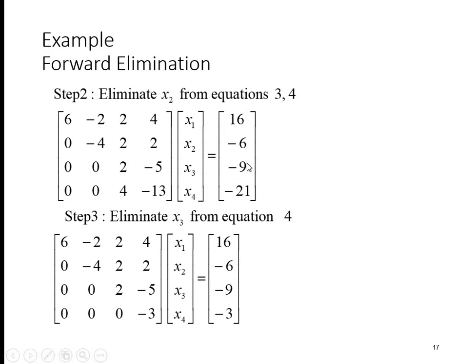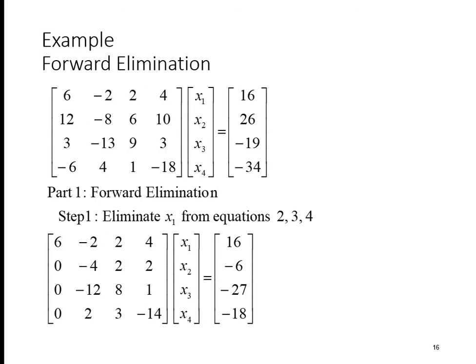Let me repeat how we got those values. We got those values by multiplying row 2 by minus 3 and adding row 3 to get the new row 3. So this will be times minus 3, this will be plus 12, minus 12, this will give us 0.